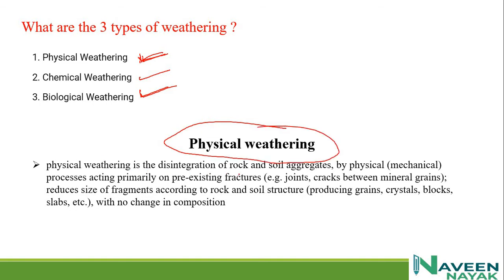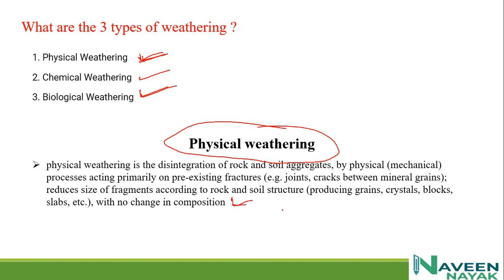Physical weathering is a disintegration of rock and soil aggregates by physical, mechanical processes acting primarily on pre-existing fractures like joints, cracks between mineral grains, reducing the size of fragments according to rock and soil structure, producing grains, crystals, blocks, slabs, etc., with no change in composition.